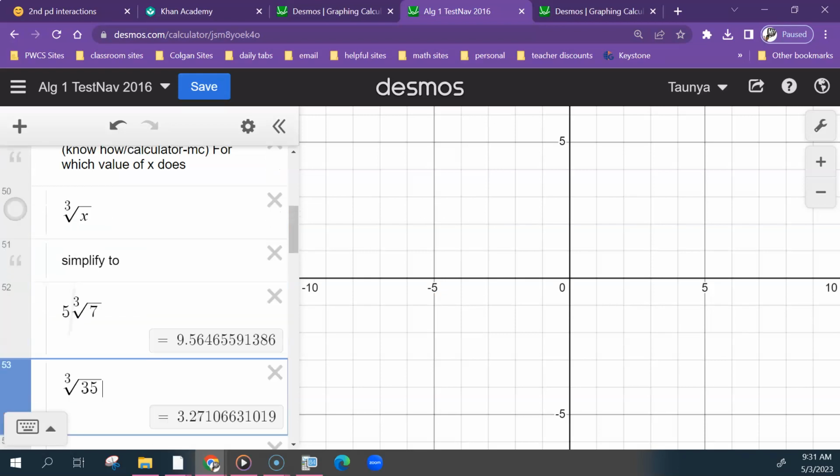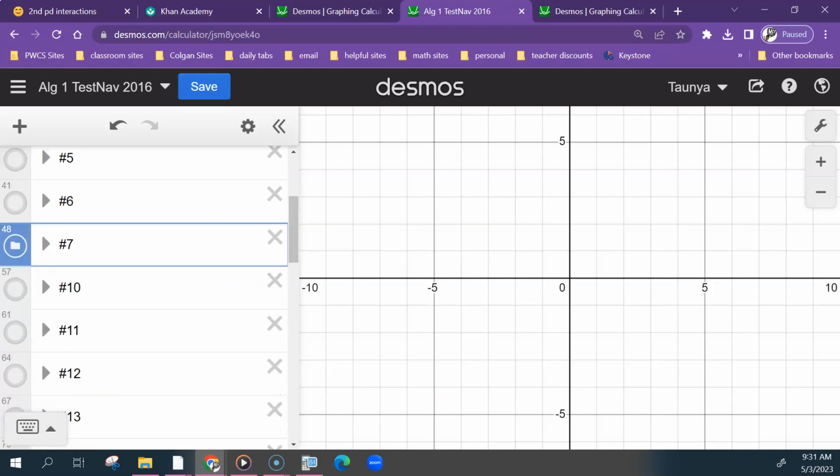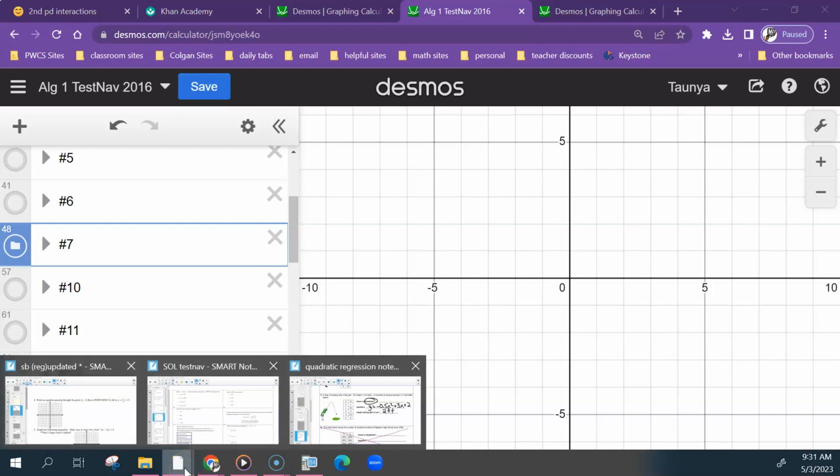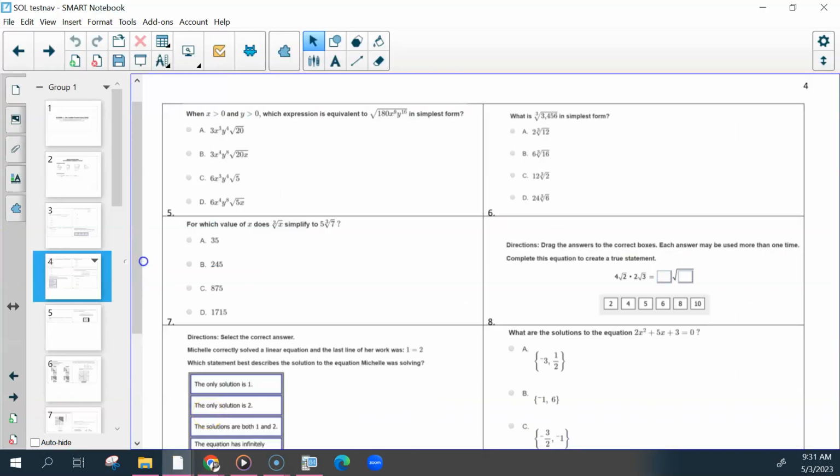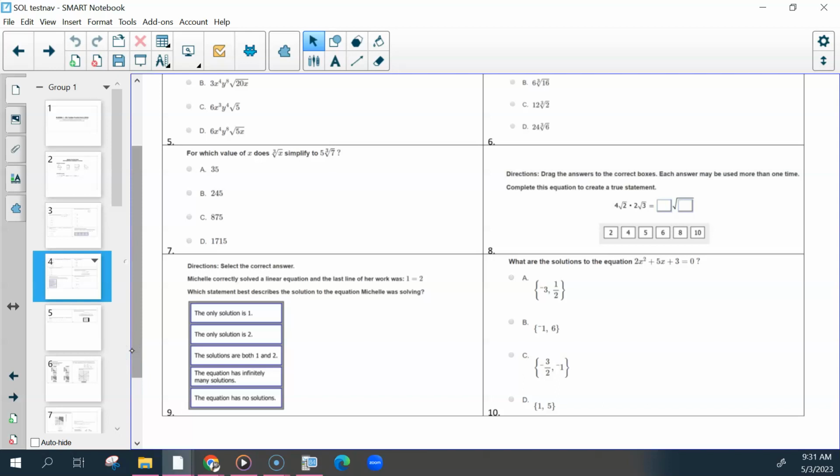Okay. Questions on the radicals 5 through 6 so far? Eight, you could put that in Desmos, but that wouldn't really help you if you don't know what it's supposed to equal anyway.